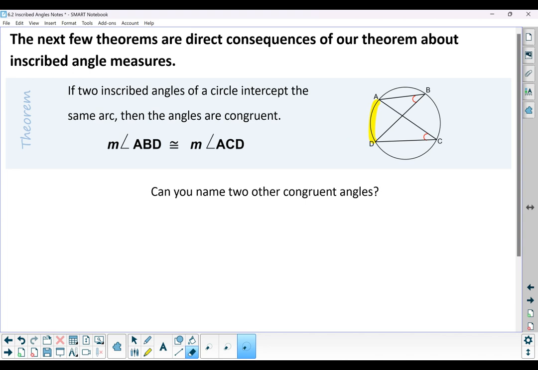Because they both intercept arc AD, they both are half the measure of arc AD. There's a couple of other congruent angles in this diagram. Can you see them? We also have this arc over here that is intercepted by this angle and this angle. So the angle at A and the angle at D would be the same measure.